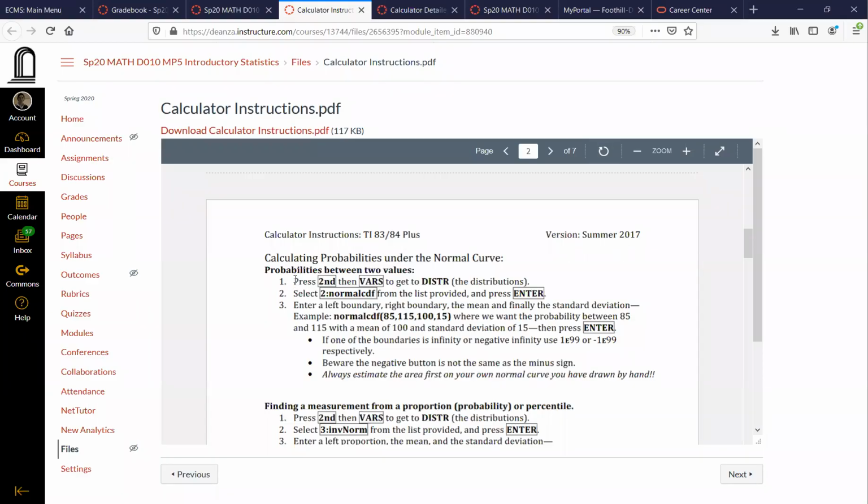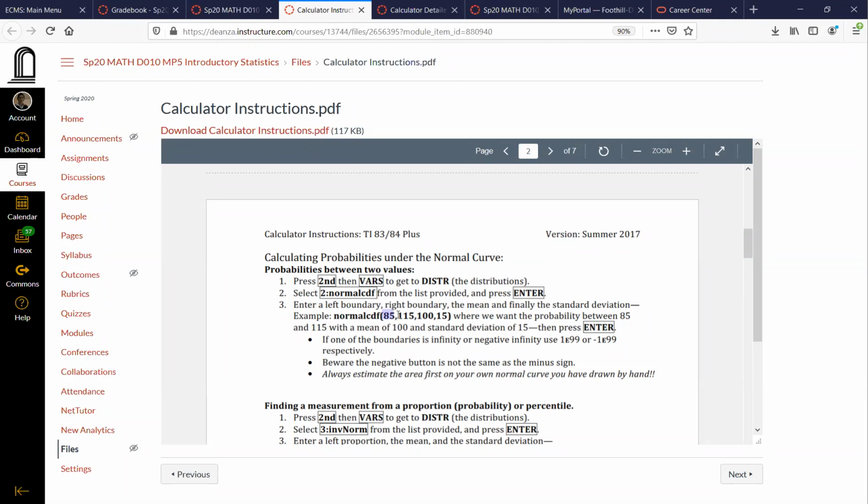First of all, press second, then the bars to get the distribution. Select normal CDF, then press enter. Here you have the left boundary, right boundary, the mean, and the standard deviation.